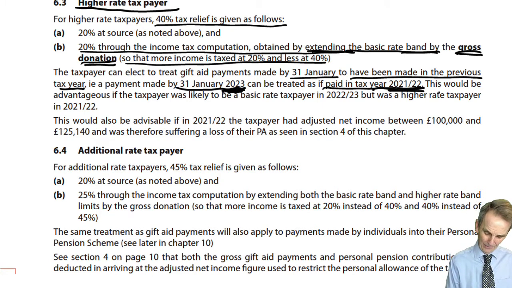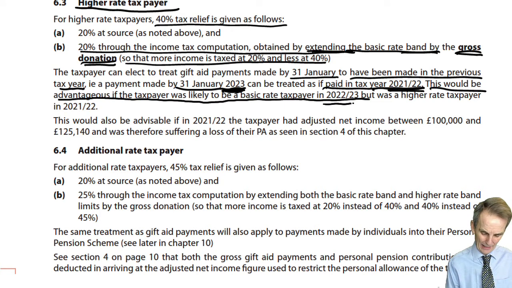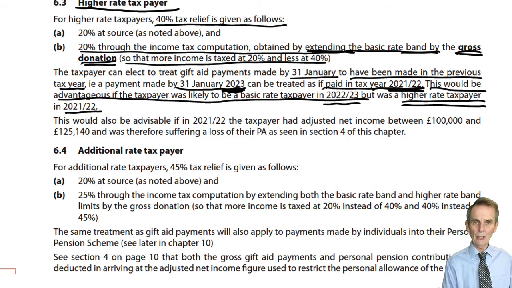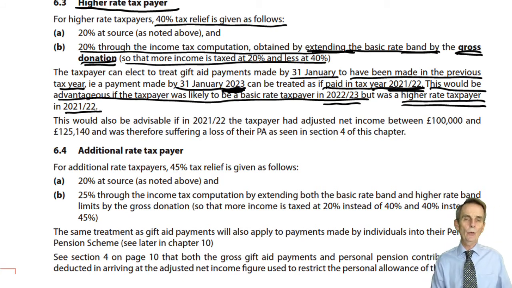The reason why: this would be advantageous if the taxpayer was likely to be a basic rate taxpayer in 22-23, but was a higher rate taxpayer in 21-22. Clearly, you would wish to get higher rate tax relief rather than just basic rate tax relief.